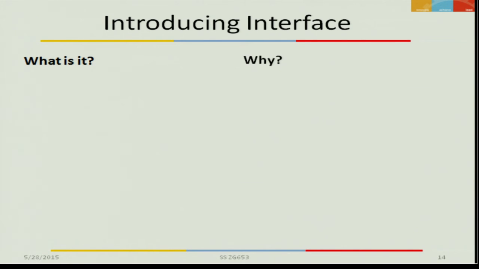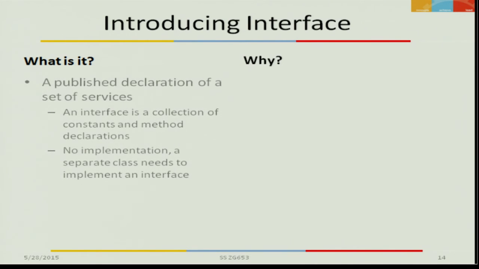Fine. So let us introduce the interface. Let's understand what this interface is in the context of object-oriented design and why it is required. Essentially, an interface is a published declaration of a set of services. An interface is a collection of constants and method declarations.